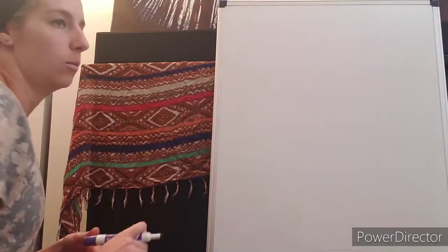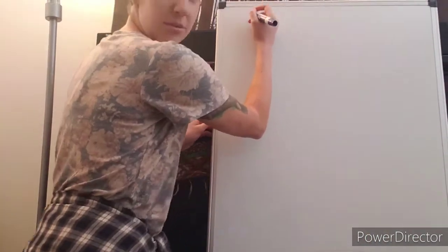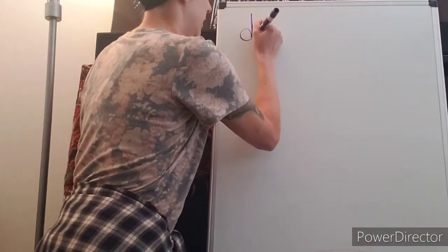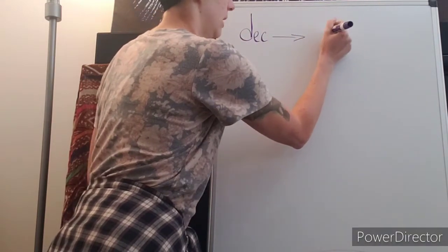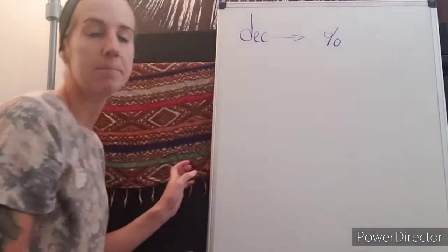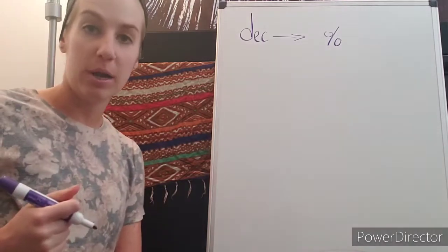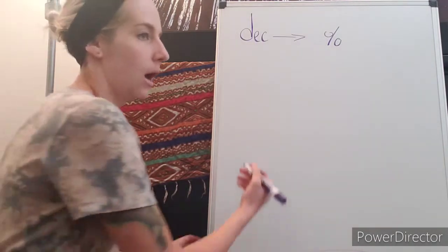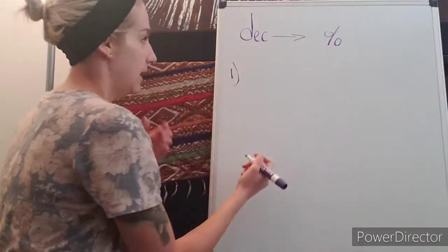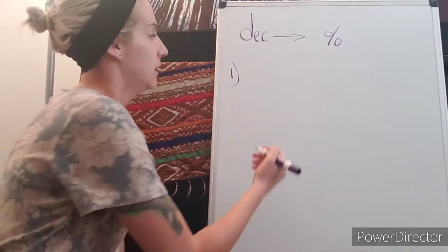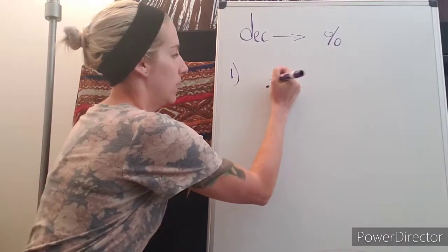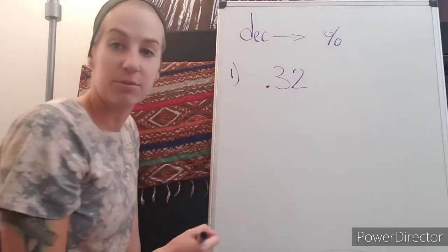So just as a quick review, when I'm moving a decimal to a percent, okay, I have two different ways I can do this. The first is that I can, and here's my example, all right? Let's say I have 0.32, that's my decimal.